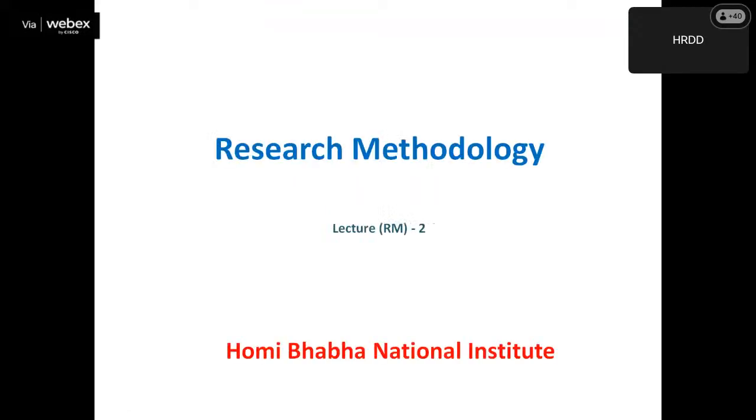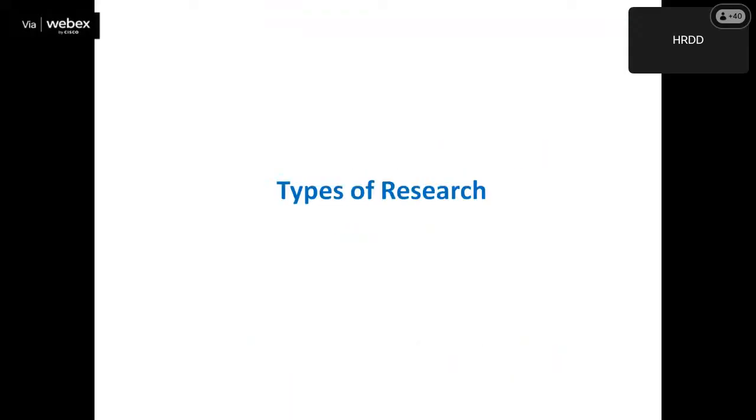So in lecture 2, today's is very short. We'll just see that research methodology comes under, and so many research methods will undergo. But what are the different types of research in general? In general, globally, what are the different types of research we follow? Here we are only science people sitting, science and engineering.